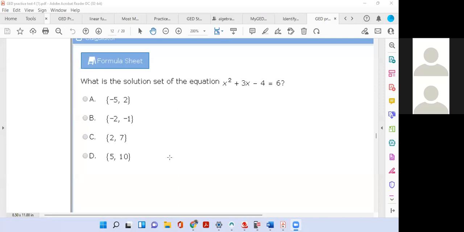I'm gonna give you again 3 minutes. Now you can solve it by factoring. You can solve it using the calculator. You can use your multiple choice answers to substitute them into the quadratic equation.